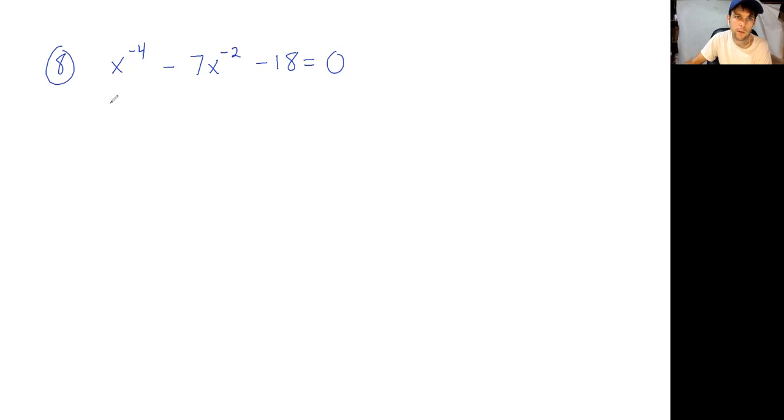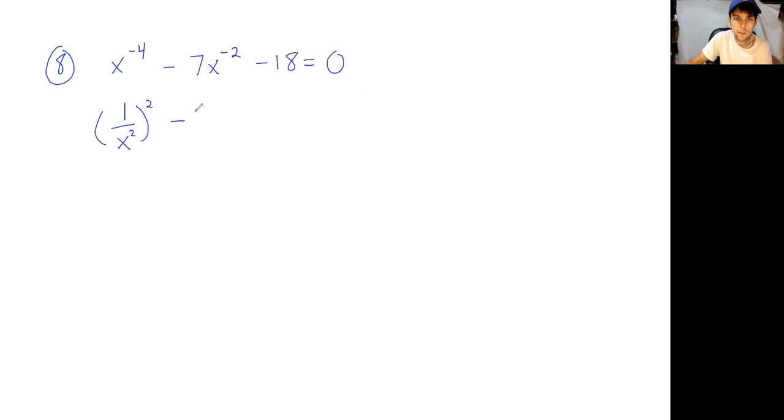Again, maybe a little bit tricky to see, but you can see it if I write it like this: 1 over x squared, to the second power, right? If I were to square this, I'd get 1 over x to the fourth, which is that, right?